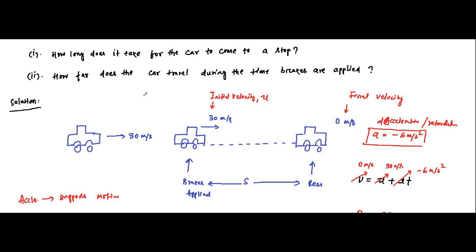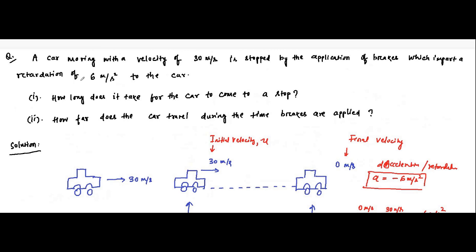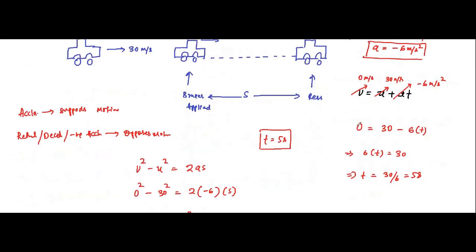Rest means 0 meter per second, that is the final velocity. Initial velocity is the velocity at the moment of application of brakes. We were already given the negative acceleration value, the retardation value, which is minus 6 meter per second square.